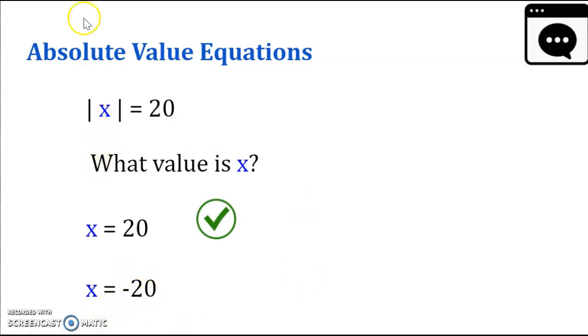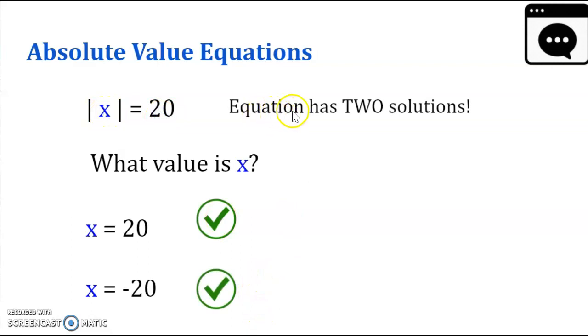If I have negative 20 in here, the absolute value of negative 20 is also 20. So again, this equation has two solutions, two different possibilities for x. So you need to start thinking about the positive and negative versions. What's inside could be positive or negative, but it's still going to give the same answer.